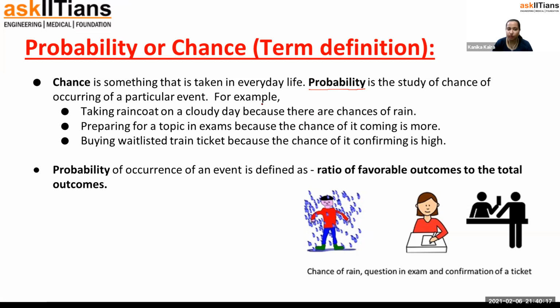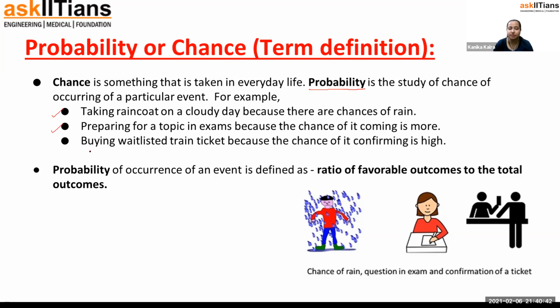So, let's understand what the definition is. Chance is something that is taken in everyday life. Probability is the study of the chance of occurrence of a particular event. For example, taking a raincoat on a cloudy day because there are chances of rain. Preparing for a topic in exams because the chance of it coming is more.